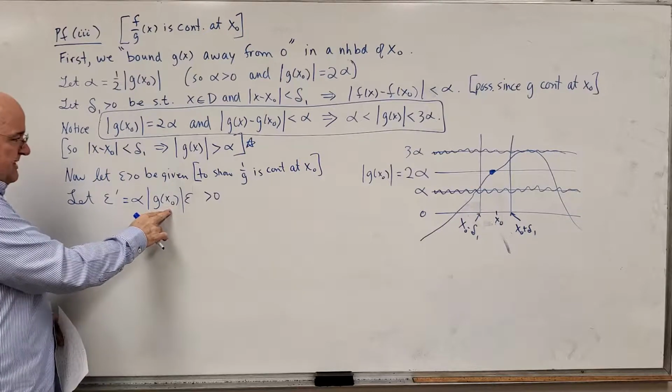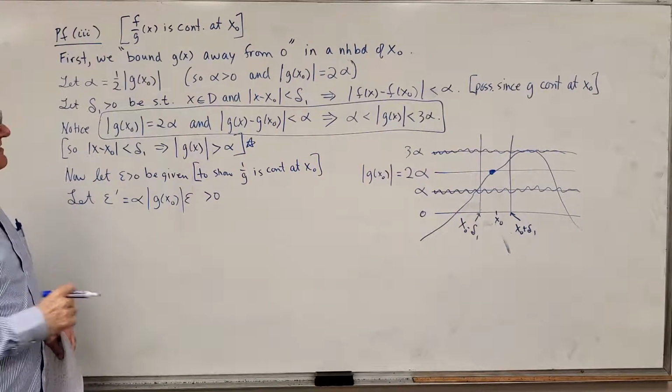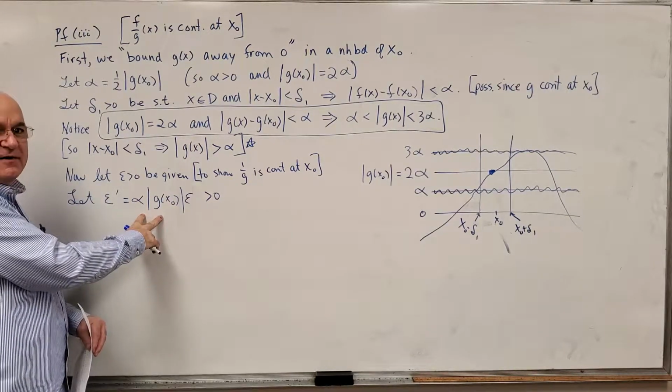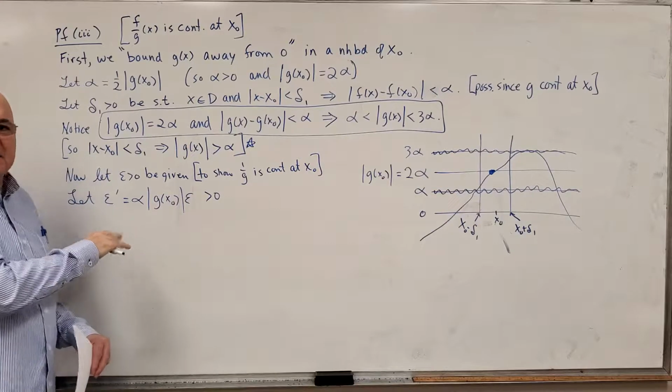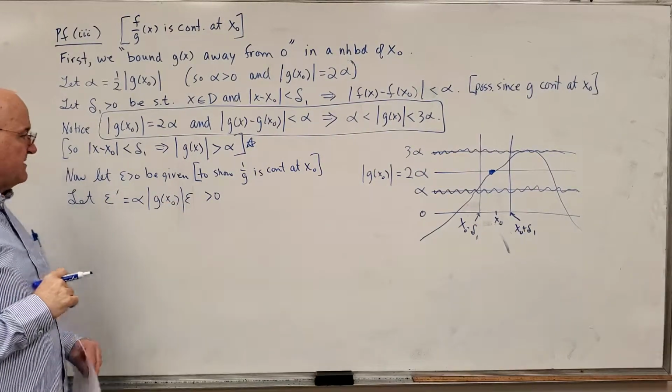Now notice that the absolute value of g of x naught is equal to 2 alpha. I actually could have written this as 2 alpha squared epsilon, but this will look more familiar as we move ahead in the next minute or two.